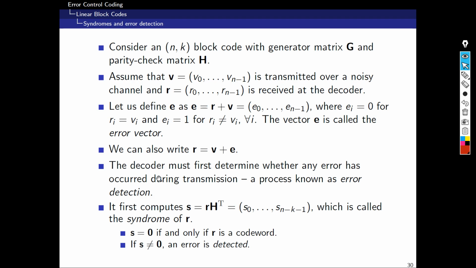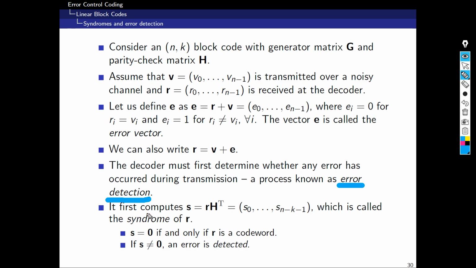Now, the decoder at the receiver side must first determine whether any error has occurred during transmission. This process is known as error detection. Please remember this. The error detection process is done at the receiver side during the decoding process to determine whether there are any errors or not.